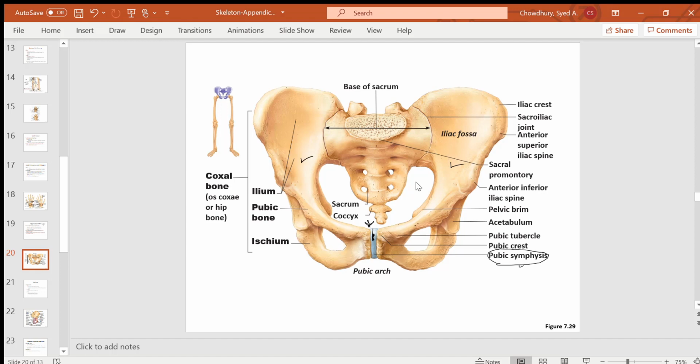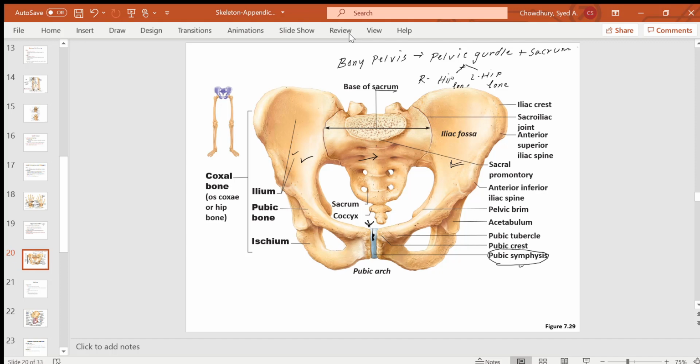This is the sacrum, and this is actually not a part of the pelvic girdle. The pelvic girdle is formed by only two hip bones, or coxal bones, or pelvic bones, same thing. Now if you add the sacrum, that whole thing is called the bony pelvis. So I can say that the bony pelvis is formed by the pelvic girdle and the sacrum.